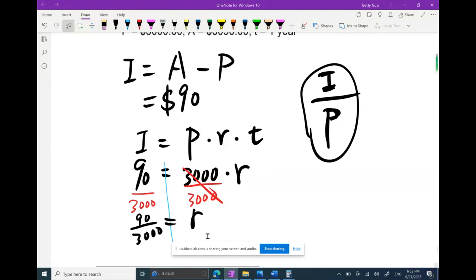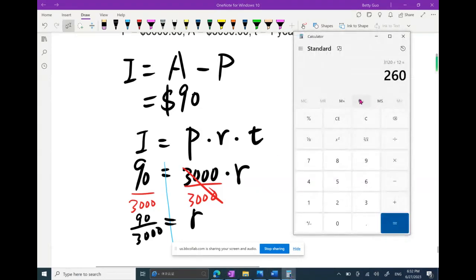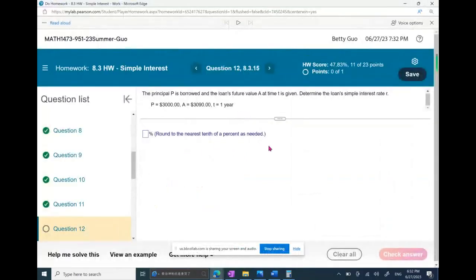So let's see, what is 90 over 3,000? 90 divided by 3,000 is 0.03, but you do not enter 0.03. That happened last semester when I looked at the test results. They just entered 0.03. Look at here.